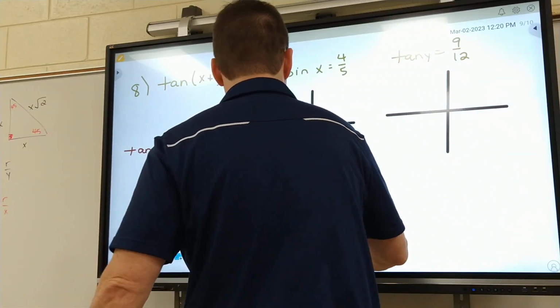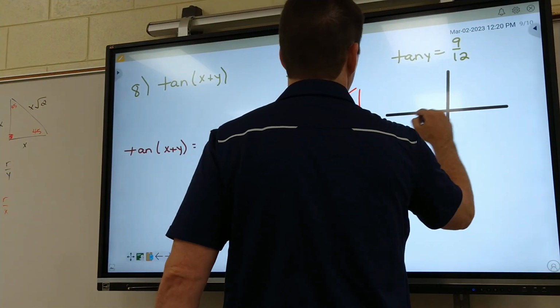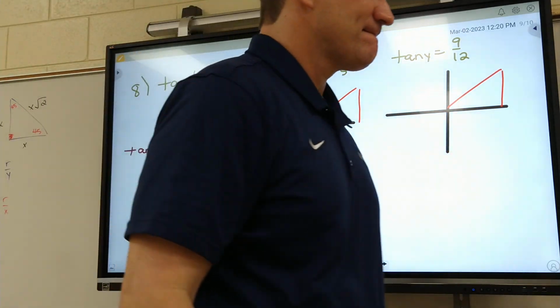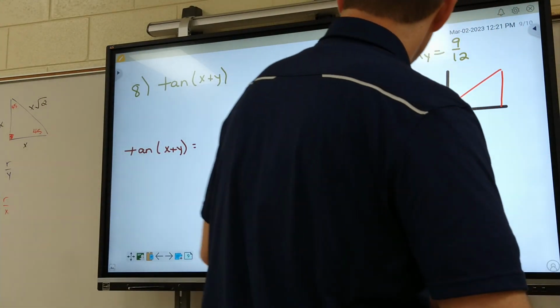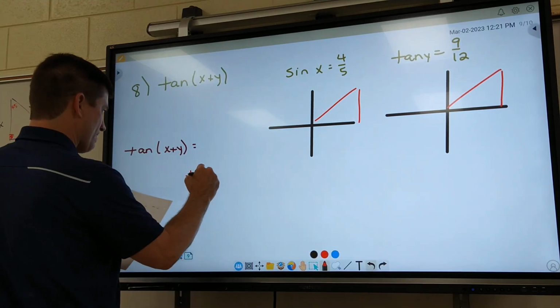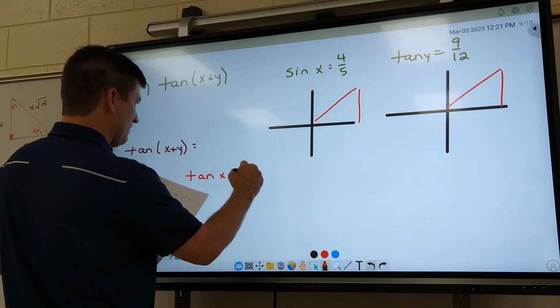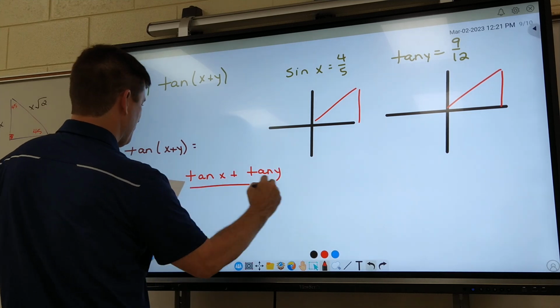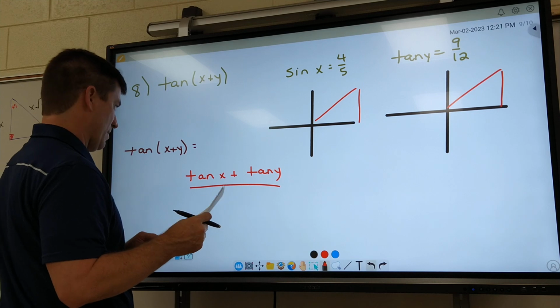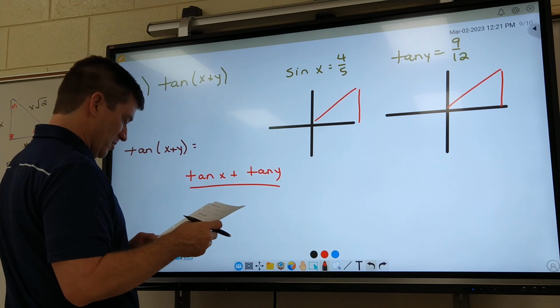Number 8, I'm going to set up my triangles just like I have on every problem. Let's give y'all a chance to do that. Hopefully if I finish number 8, then y'all can do the rest of them on the back.